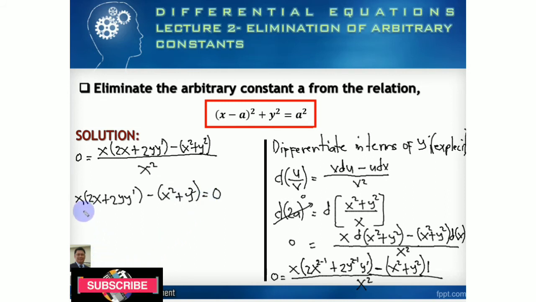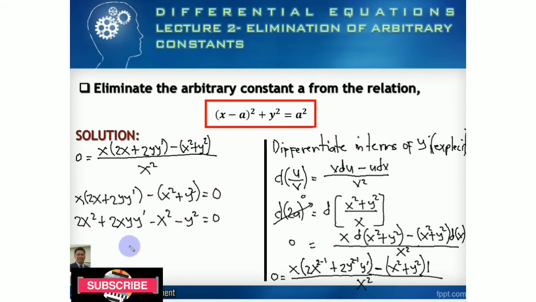So we distribute this to each term: 2x times x is 2x squared, plus 2xy y prime, minus x squared minus y squared is equal now to 0.